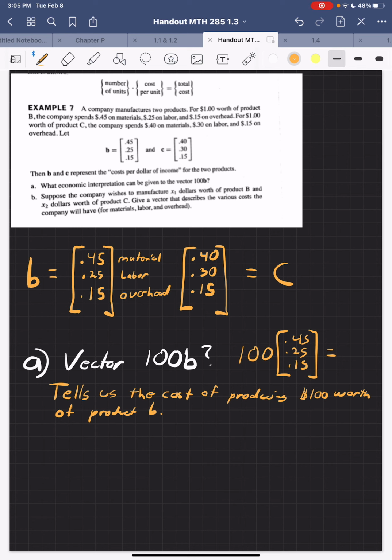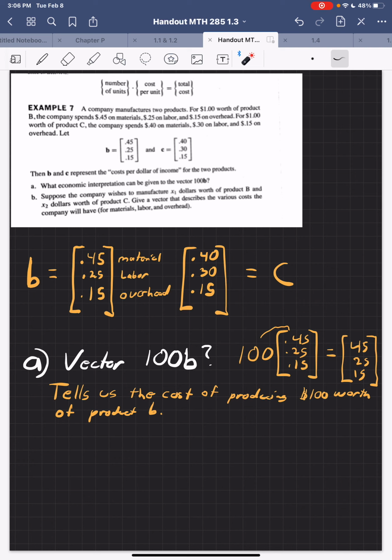So we weren't asked, but if you wanted to know what the costs were of producing $100 worth of product B, if you just multiply everything in here by 100, 0.45 times 100 is $45, $25, $15. Now, this should all make sense: if you make $100 from product B, 45 of that 100 is going to material, 25 of that 100 is going to labor, etc. 15 is going to overhead.